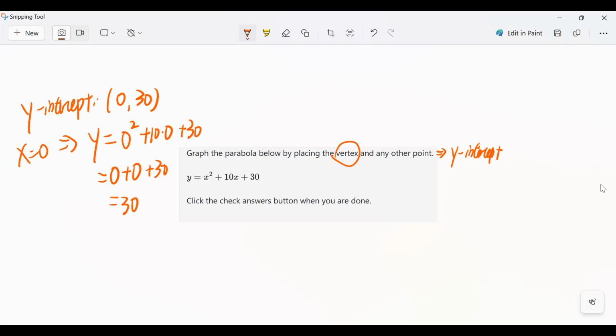And then from there, so we found one point, and then we also need a vertex. So let's find the vertex here. Because the leading coefficient a is 1, which is greater than 0, this is concave upward. The vertex is the minimum here.